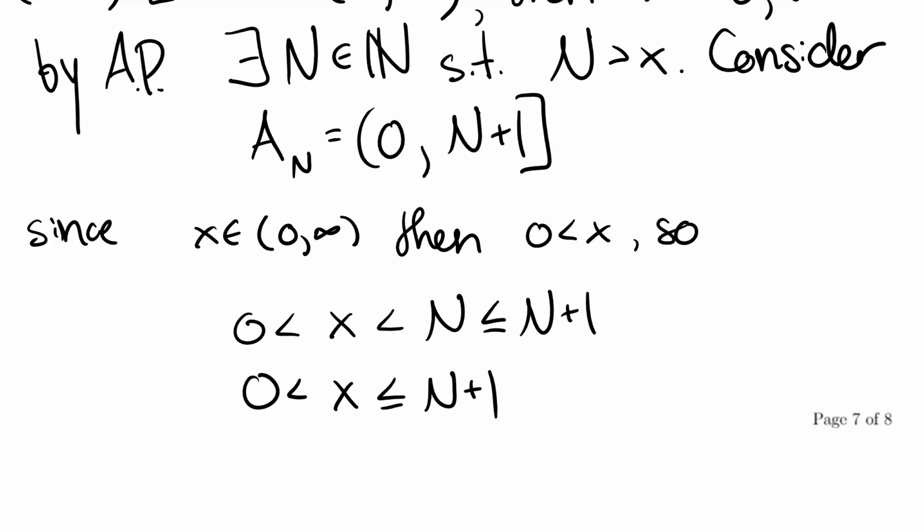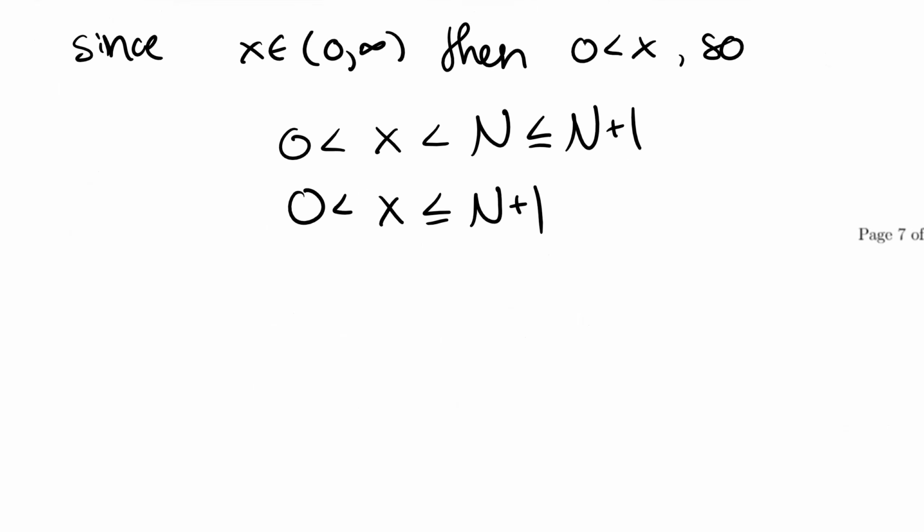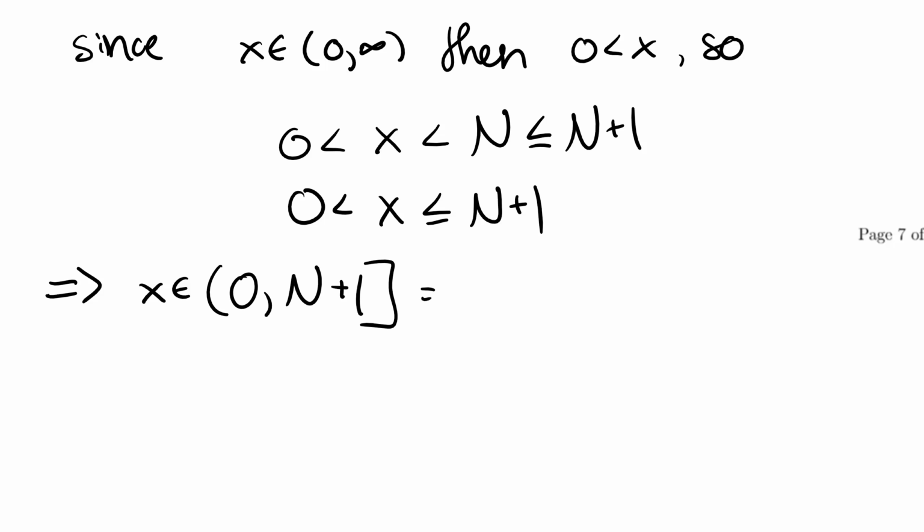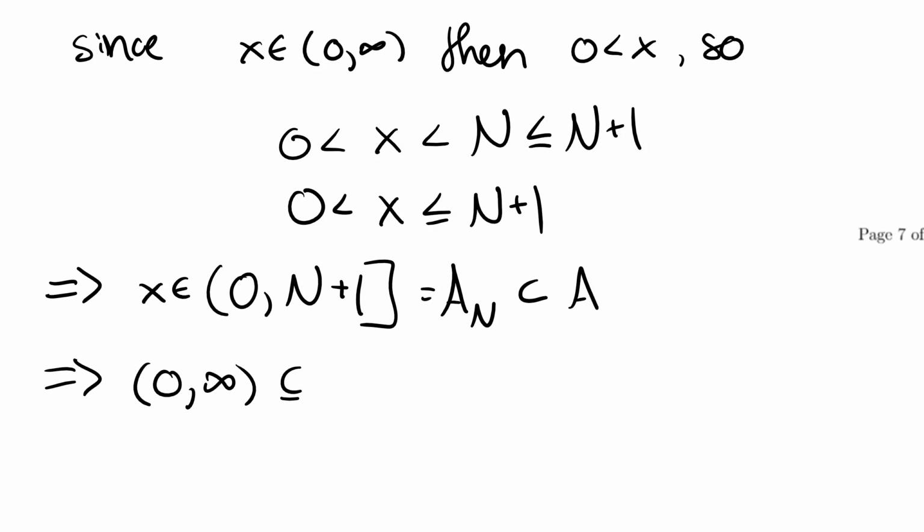Of course, n plus 1 is always bigger than n, but that means it's still true that n plus 1 is bigger than or equal to n. Cool. So then that means that x is in this set, which is equal to A sub capital N, which is a subset of A.